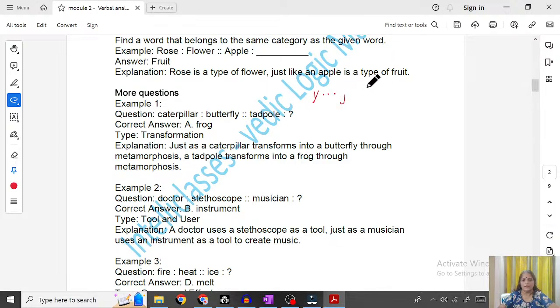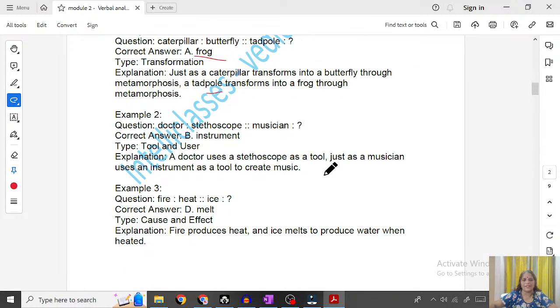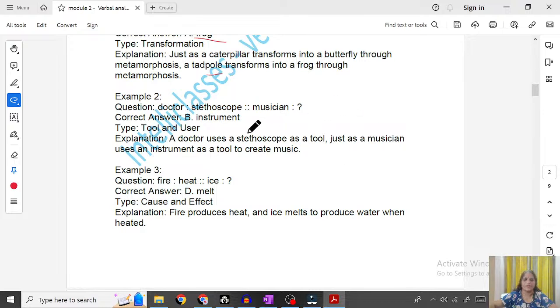Now, what exactly is a tadpole? A tadpole is nothing but the young of a frog. So just as a caterpillar will transform into a butterfly through metamorphosis, a tadpole will transform into a frog. Now let us see the next example.